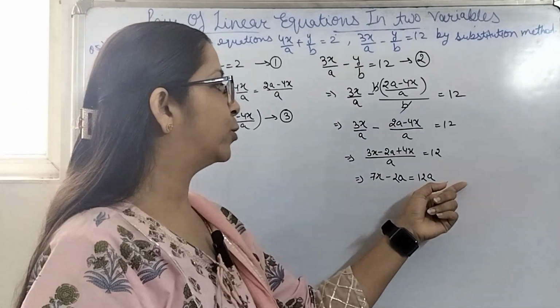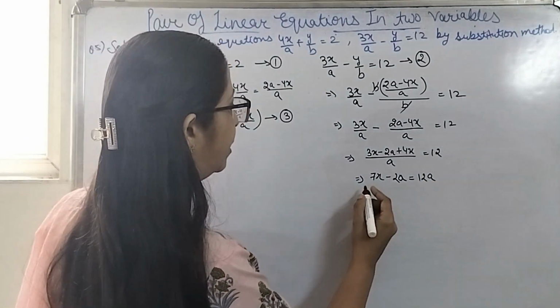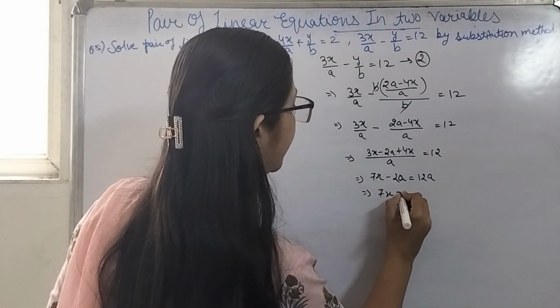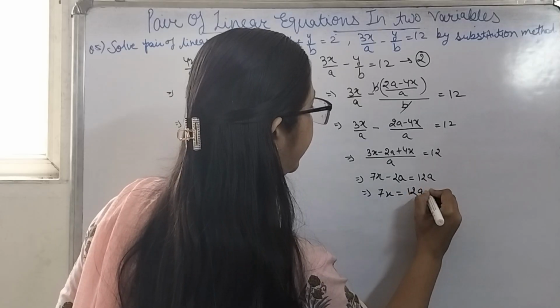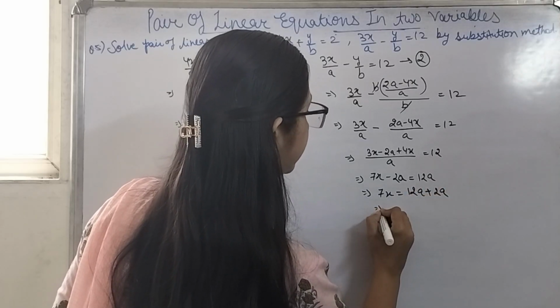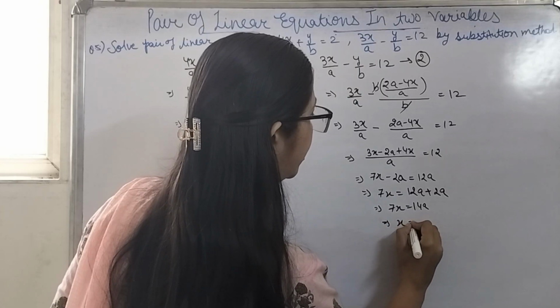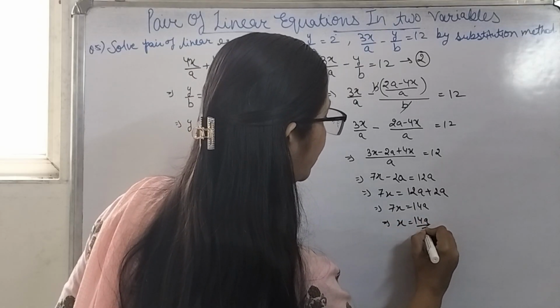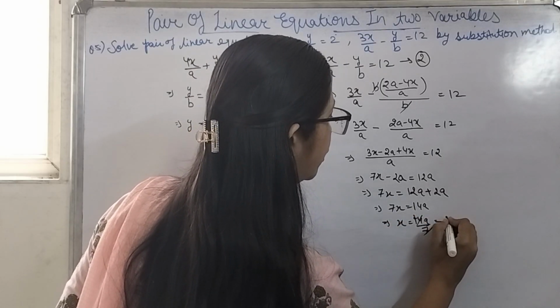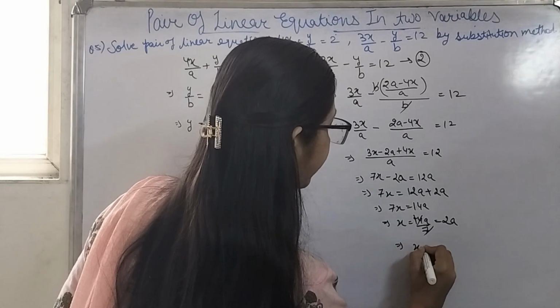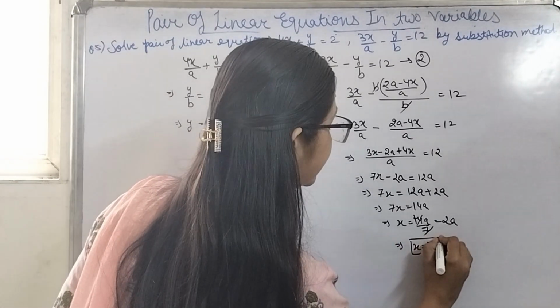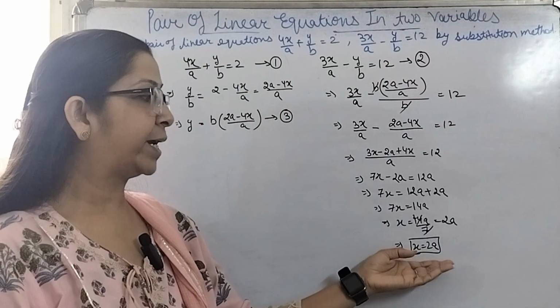This 2a will go to the RHS and become positive 2a. So 7x is equivalent to 12a plus 2a, that is 7x is equivalent to 14a, or we can say the value of x is 14a over 7, that is 2a. So the value of x is 2a.